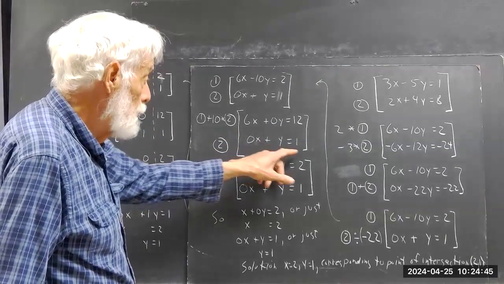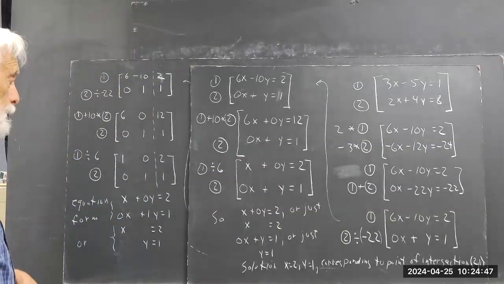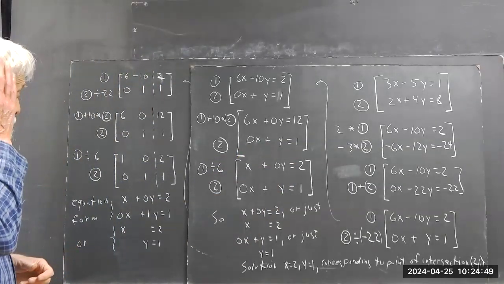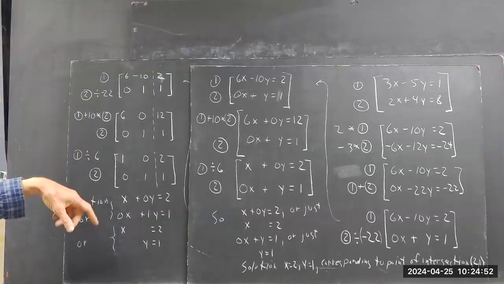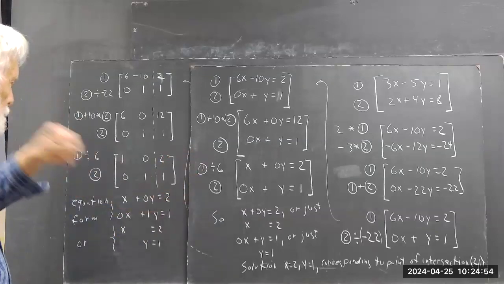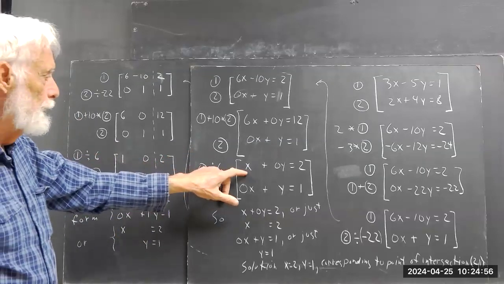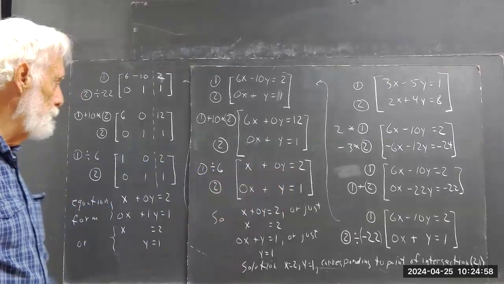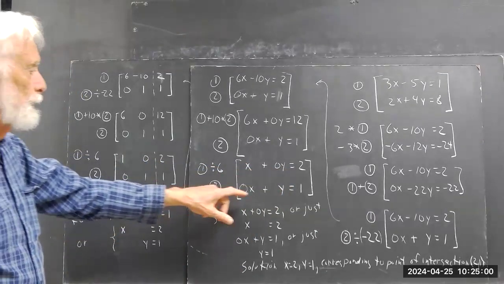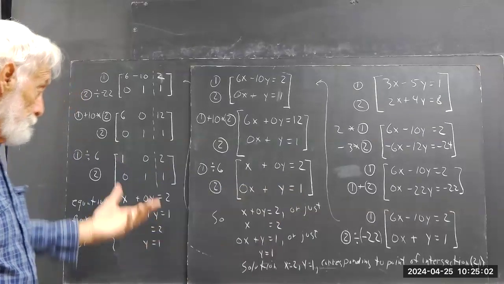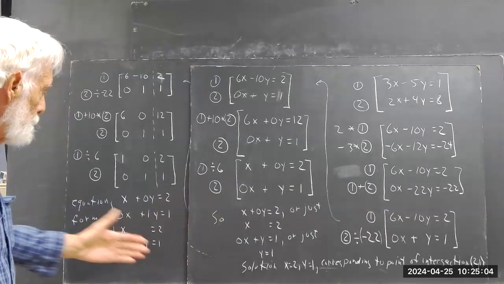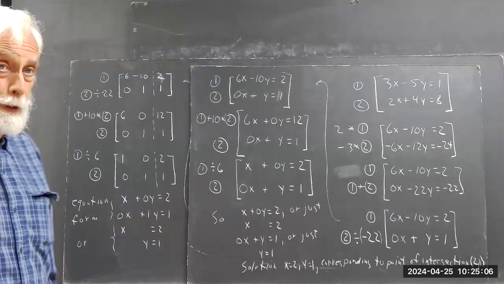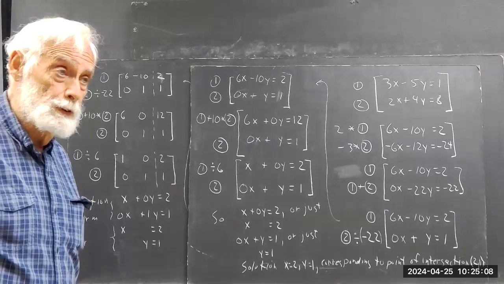Okay, then when we divide by 6, we get 1, 0, 2, just like we got 1x, 0y, and 2, 0, 1, 1, 0x, and a 1y, and a 1. And it interprets exactly the same two equations, exactly the same solution.